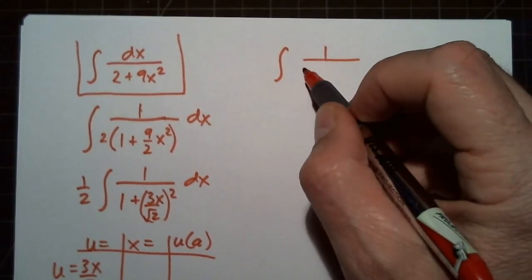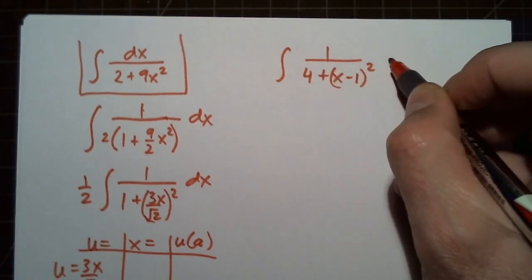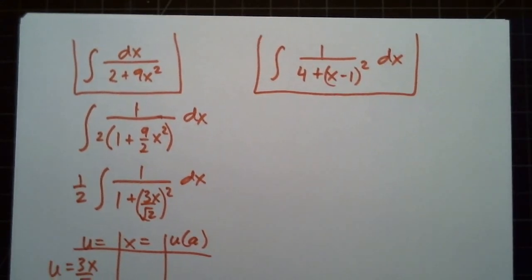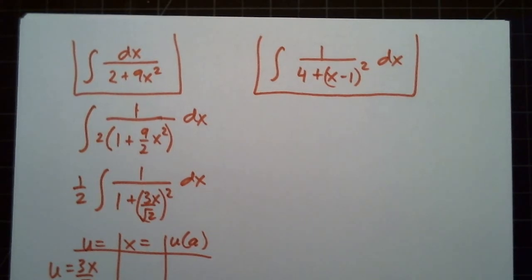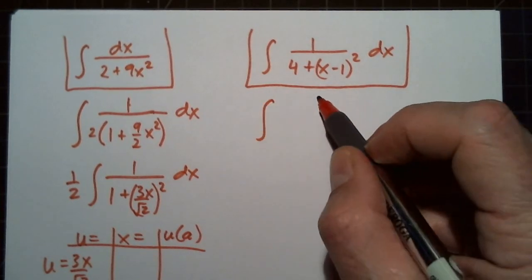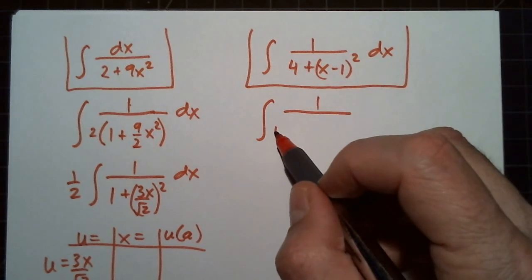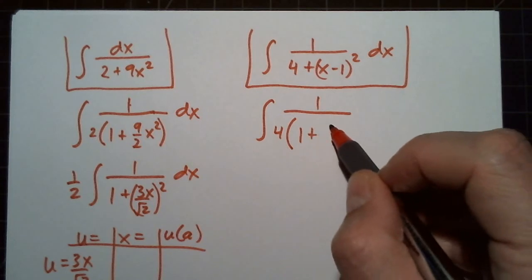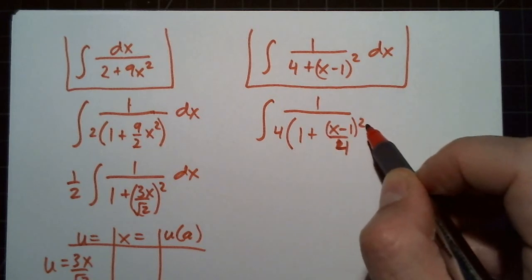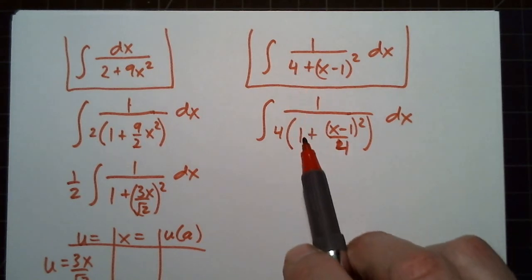Last example. All right, so it's going to be arctangent. Pause the video and try rewriting that. Arctangent has to have a 1 plus something squared, so we need to take out the 4. All right, we took a 4 out of this, and there's a 1.